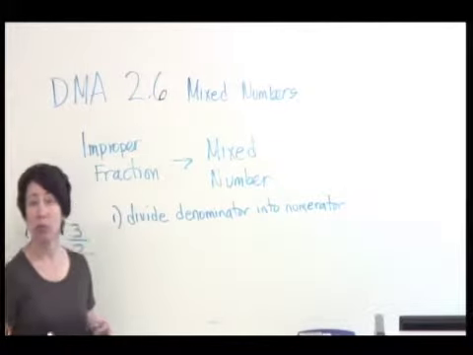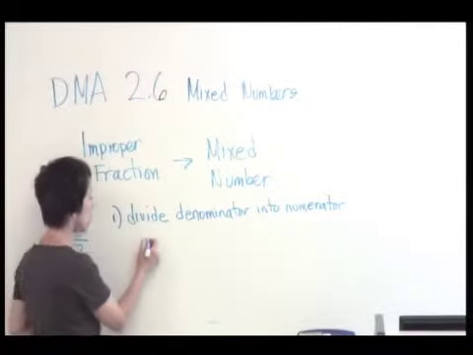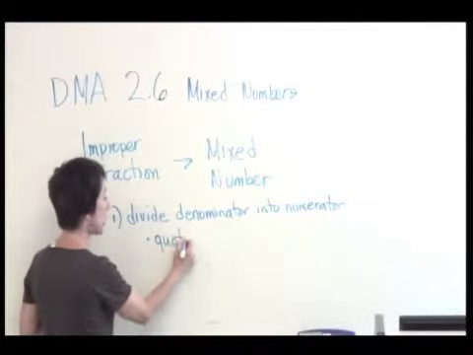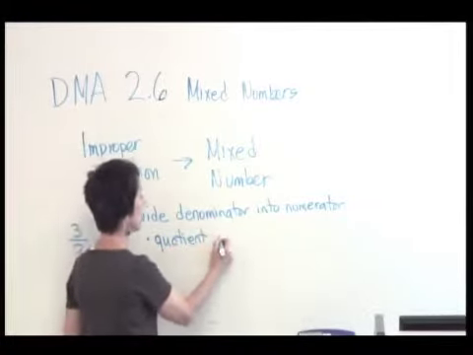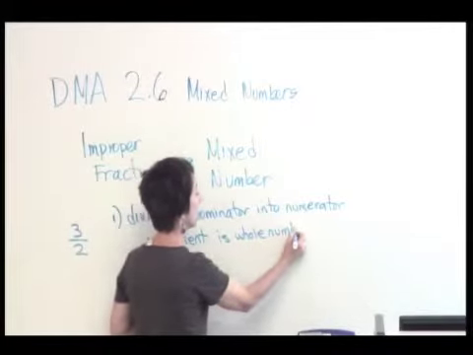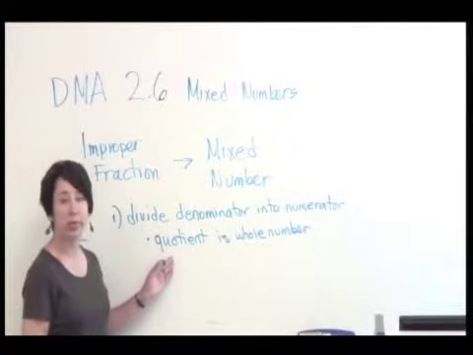And we have to be careful when we do this division to keep track of what's what. The quotient, which is the answer, becomes the whole number.